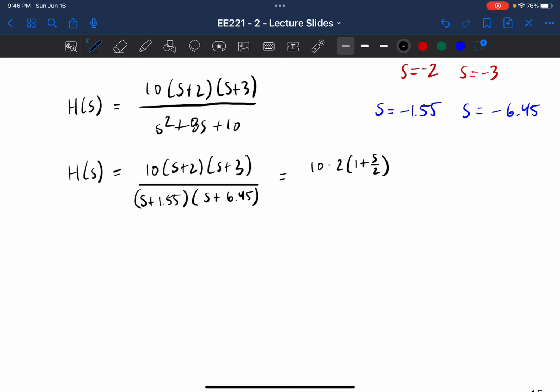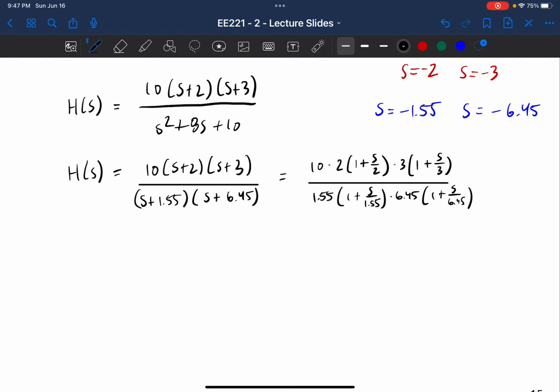That's the same thing: if I factor the 2 in, I get the 2, and if I factor it in here, I get the s. So I basically just pulled the 2 out. I'm going to do the same thing with the 3, giving 1 plus s over 3. Then I do the same on the denominator: 1.55 times 1 plus s over 1.55, and 6.45 times 1 plus s over 6.45.